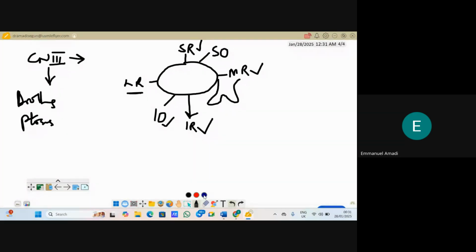Now, this one in blue is your cranial nerve 4. Your cranial nerve 4 is the one you call your trochlear nerve. That one only supplies one muscle of eye movement, and that is this guy here, the superior oblique.